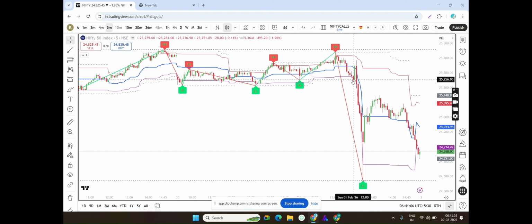Then we went to the extremes, came back tested, and this was the momentum zone where we saw a deep fall coming in. Then we had a pullback, again support here, and then finally we got a trend change here. Okay. So on the 5 minutes time frame, you need to watch the 24,935 level for a trend change at the close of the day on the 1st of February.